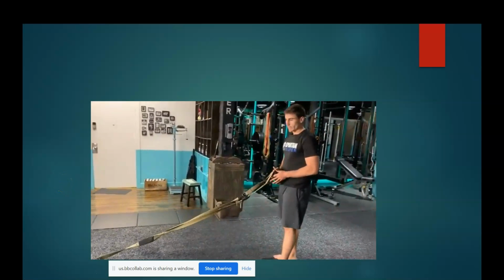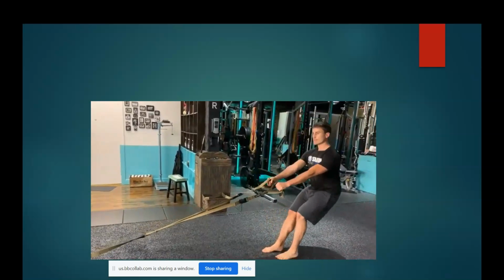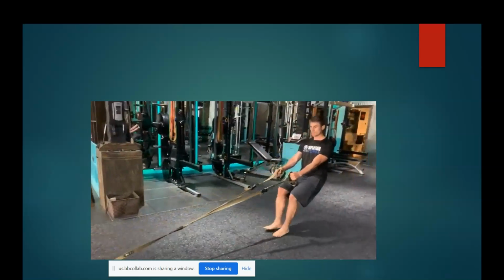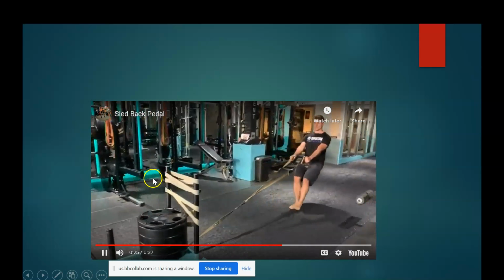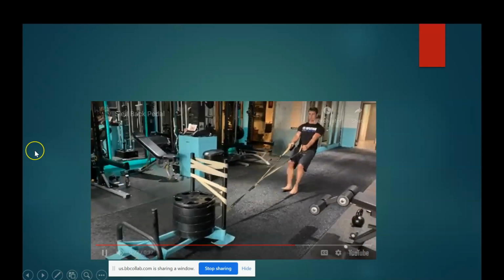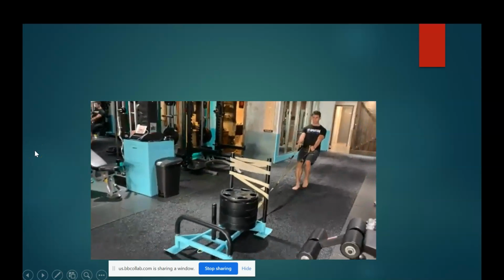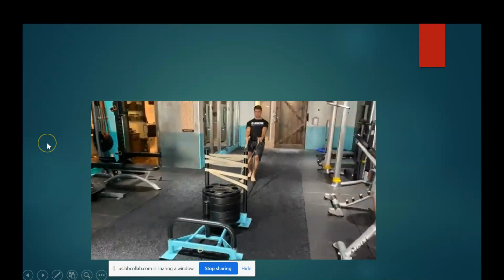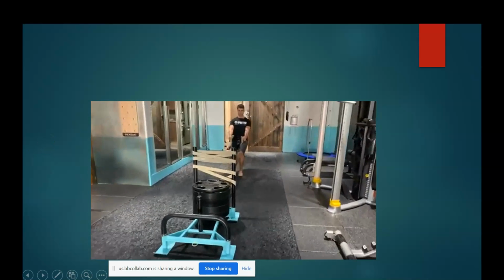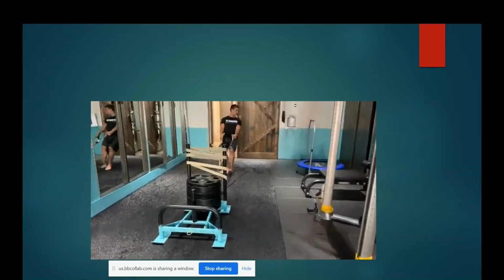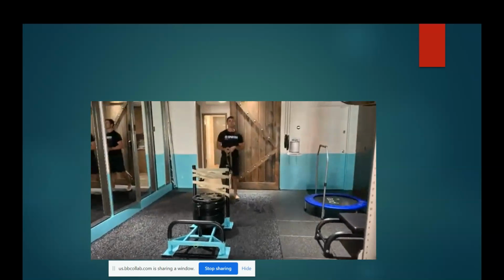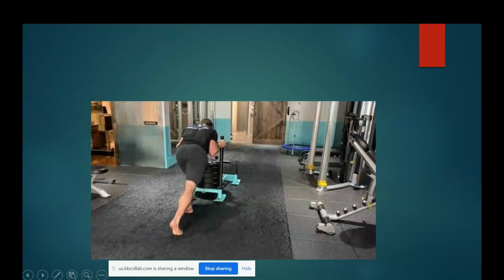Keep your arms bent or straight, either one's fine. So that's sled back pedal.